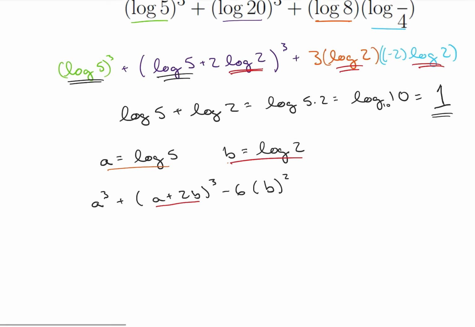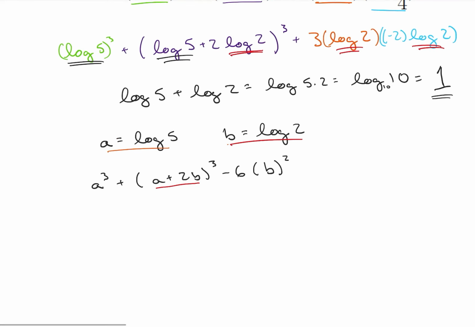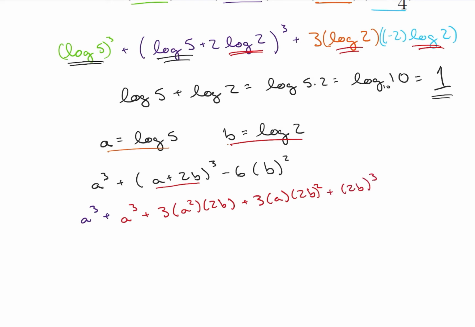So if we go ahead and rewrite this, a plus 2b cubed is going to end up being a cubed plus 3 times a squared times 2b plus 3 times a times 2b squared plus 2b cubed.